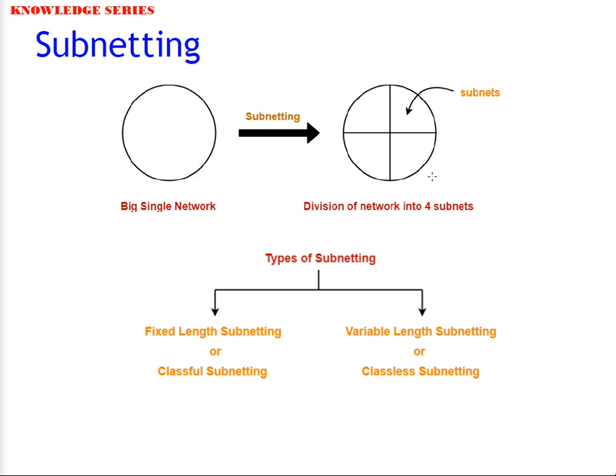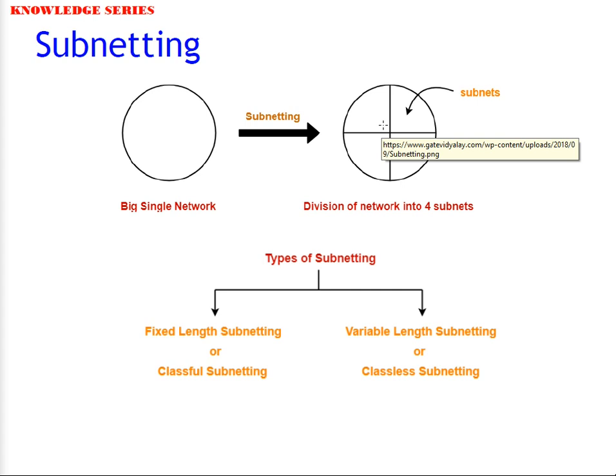So it improves security, and maintenance and administration is very easy in this case. Now, one thing you should understand: a subnet ID is a unique ID within the network address, and a subnet ID is created by borrowing bits from the host ID part. So you have to understand that.